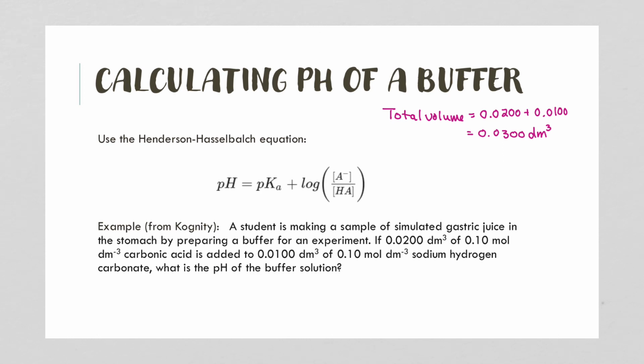The next thing we need to do is find the concentration of carbonic acid and sodium hydrogen carbonate. For carbonic acid, because we were given the volume and the concentration initially, we need to multiply the volume by the initial concentration and then divide it by the final volume.